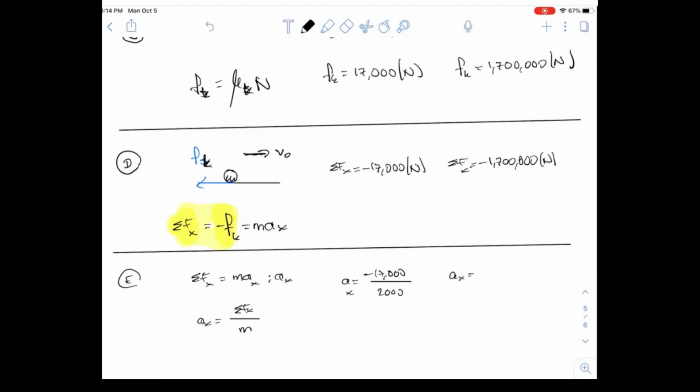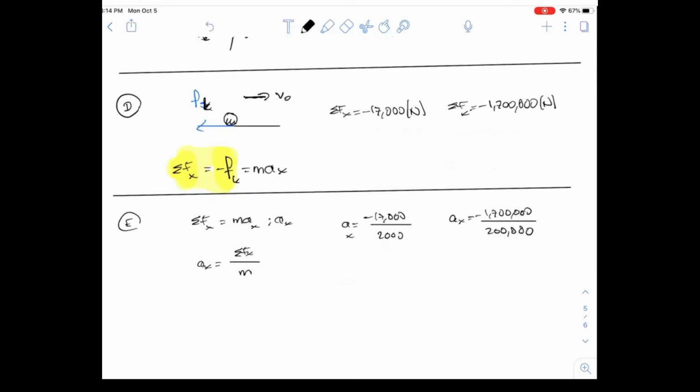For the truck, it's going to be negative 1,700,000 divided by the mass of the truck. What do we got here? This is going to be negative 8.5, right? So the acceleration of the car is going to be negative 8.5. The acceleration of the truck is going to be negative 8.5.